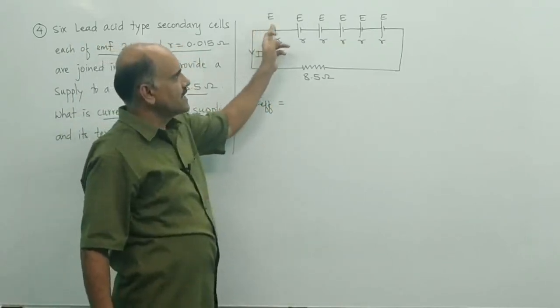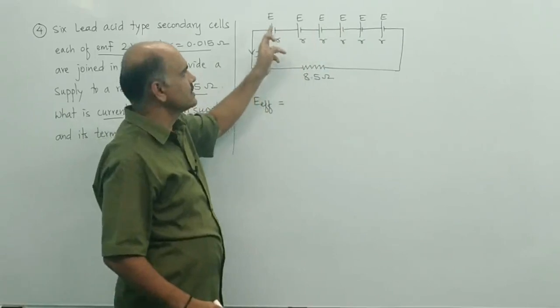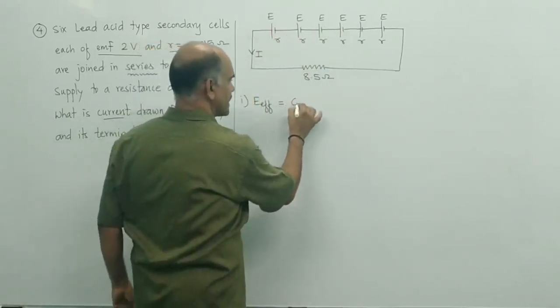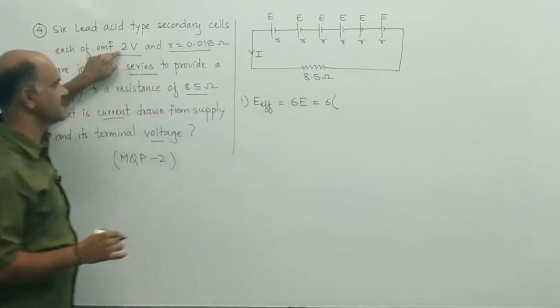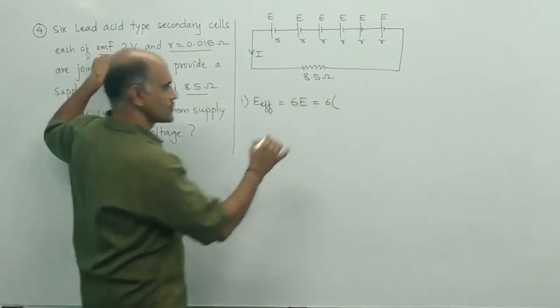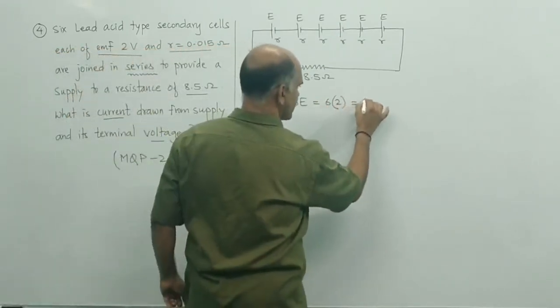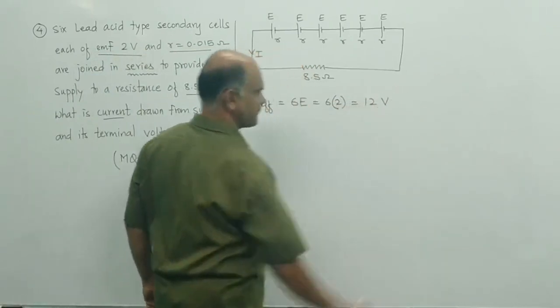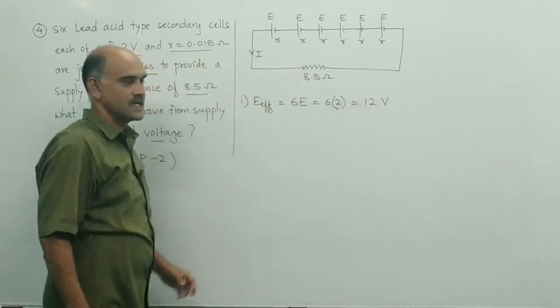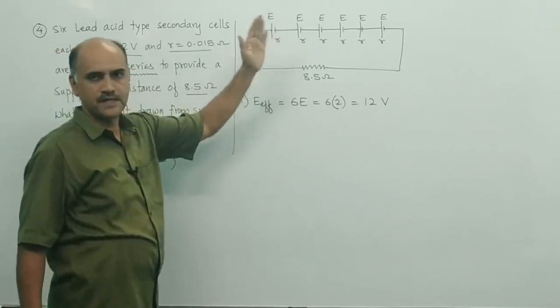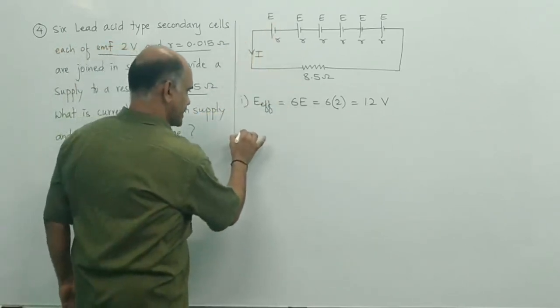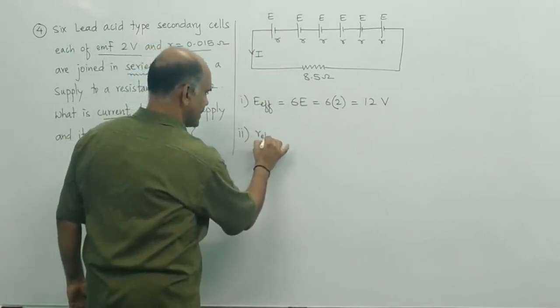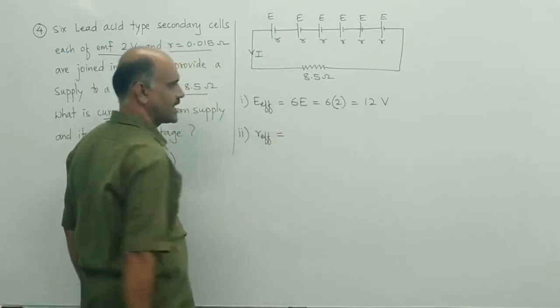If they are in series, then we are adding. All are identical, so directly I will take 6E. 6 into E, how much has he given? 2. So 6 into 2, that is equal to 12 volt. Clear, students? Instead of adding E plus E plus E six times, I have taken 6 into E. Second, internal resistance effective, r effective.